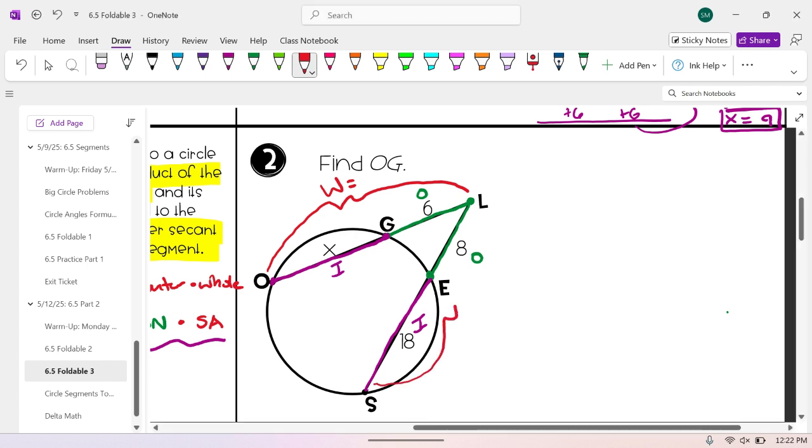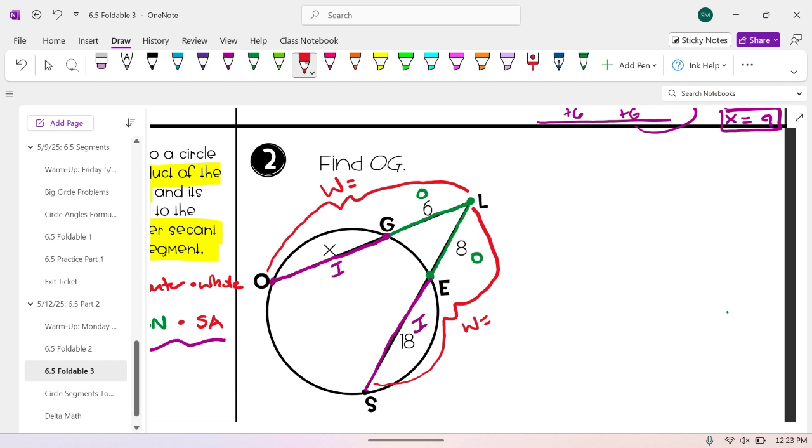So what is the length of my whole if the inner is 18 and the outer is 8? You have 2 pieces of the same segment. What do you have to do to find that total length? Combine it how? What operation? If I have this whole segment and I cut it into 2 pieces, one piece is 18, the other piece is 8.